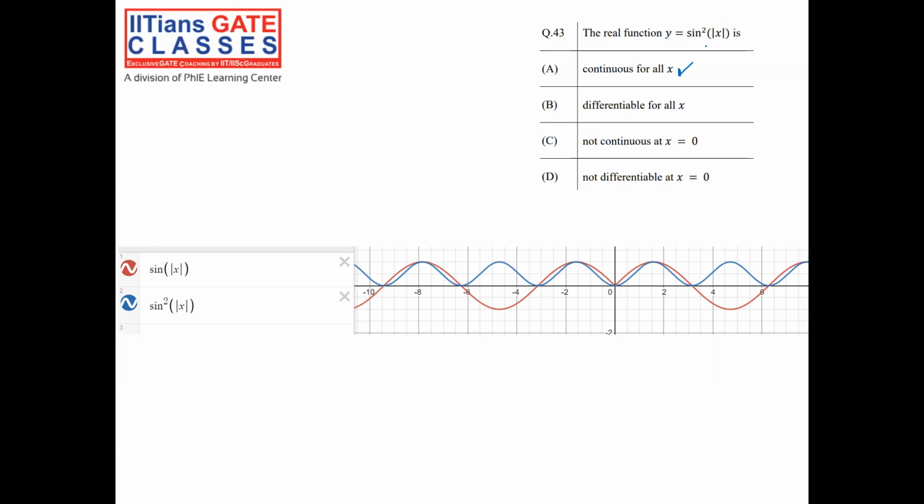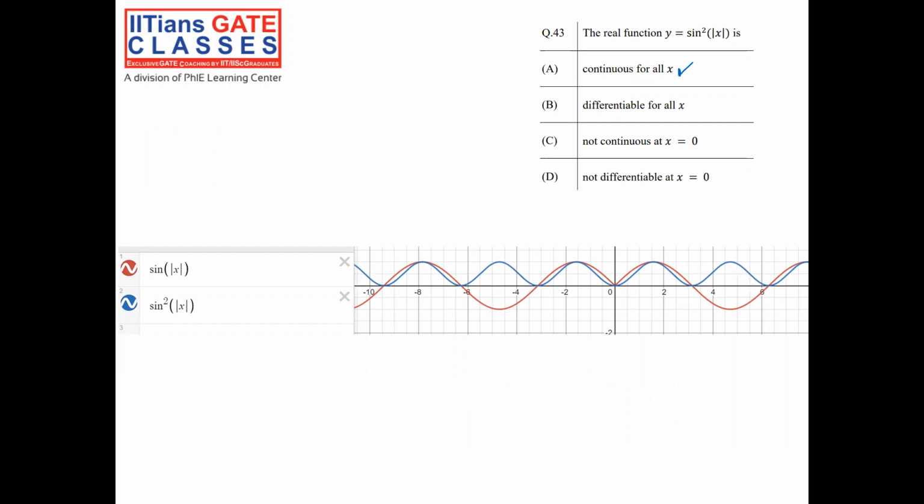When we say a function is differentiable, the function is differentiable wherever we have a unique tangent to the curve. Okay, and we can see that for the blue curve, we will have a unique tangent at point 0. So at point 0, we will have a unique tangent for the blue curve. But for the red curve, we got a sharp end there.